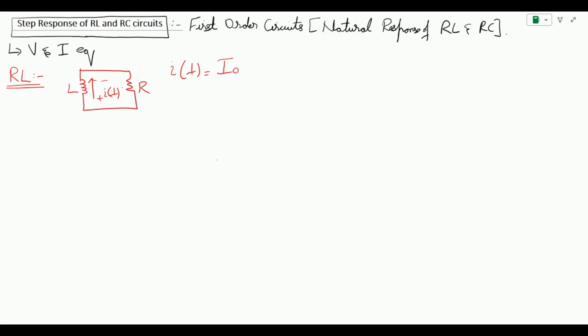We got the expression for the current that depended upon the initial value I0 and exponential of minus R by L into T, where we further said for the natural response that this could be written in terms of the time constant, for T greater than or equal to 0.